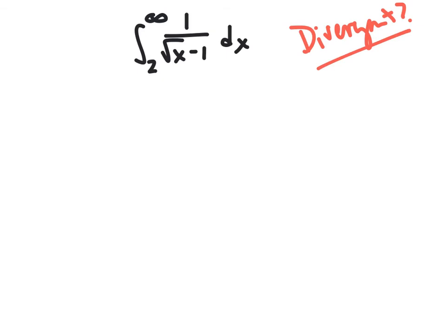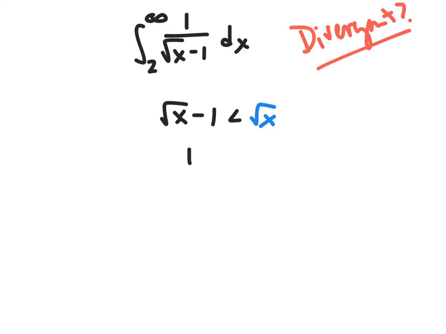Okay, so I want to do a quick comparison here and talk for just a moment. Okay, so square root of x minus 1. How does that compare to the square root of x? Would it be greater or less? Well, it'd obviously be less.